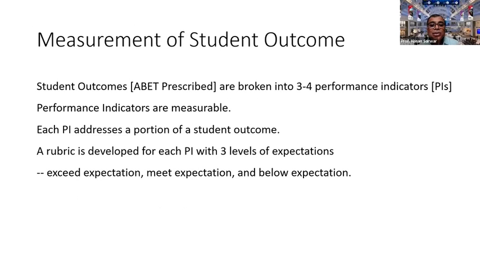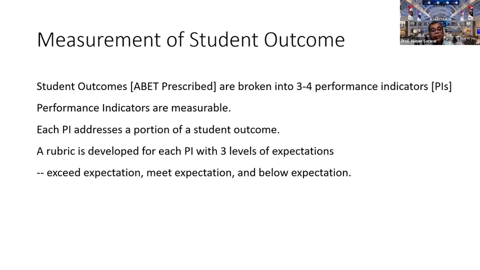And how does the measurement of student outcomes happen here? The student outcomes, they are following the ABET guidelines. So student outcomes are broken into 3 to 4 performance indicators. It is almost like what Goldberg suggested before. And these performance indicators are measurable. Each performance indicator addresses a portion of a student outcome.